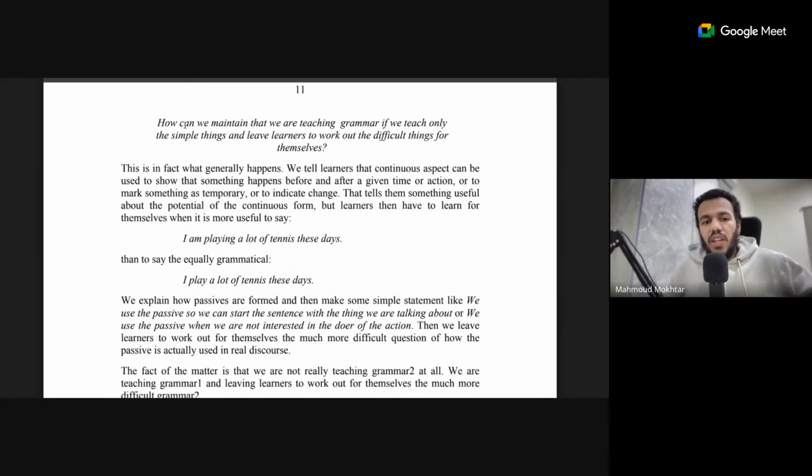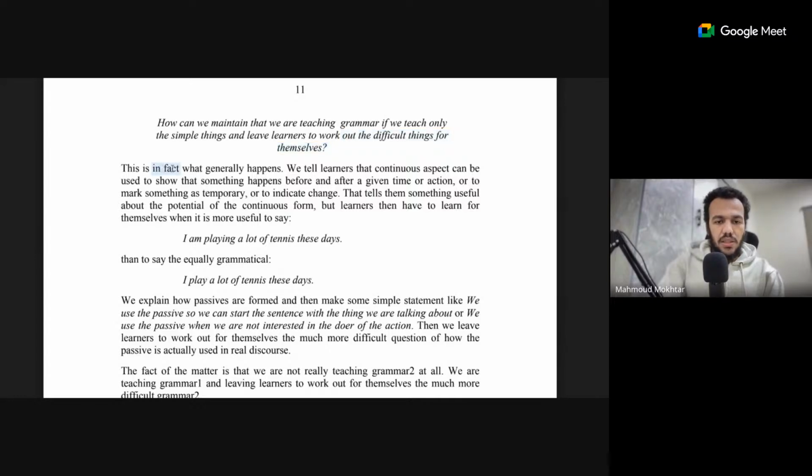How can we maintain that we are teaching grammar if we teach only the simple things and leave learners to work out the difficult things themselves? This is, in fact, what generally happens. We tell learners that continuous aspect can be used to show that something happens before and after a given time or action, or to mark something as temporary, or to indicate a change.